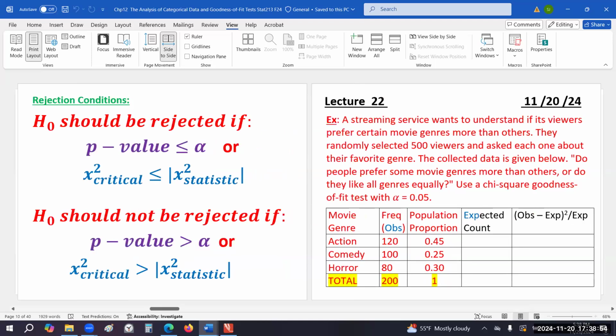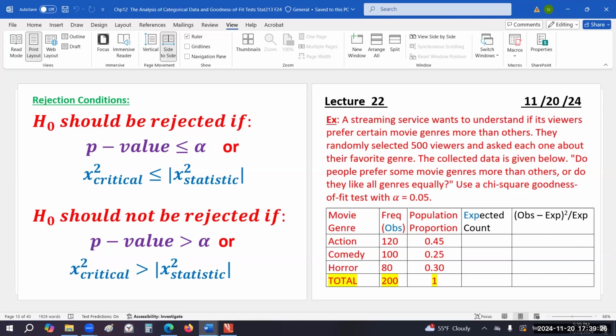And in our last class, I was showing you a different example, but today I want to start with something easier to understand. For example, this one. We have a movie category with movie genres action, comedy, horror. And we asked 200 people which of these they like.